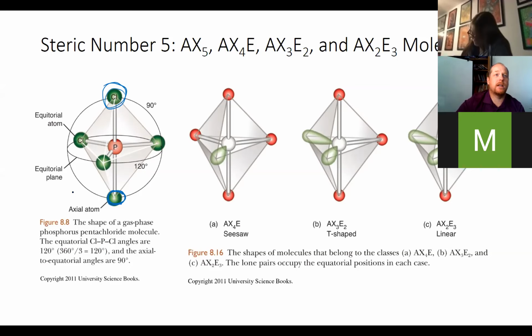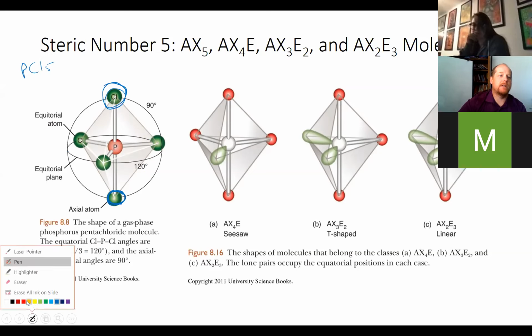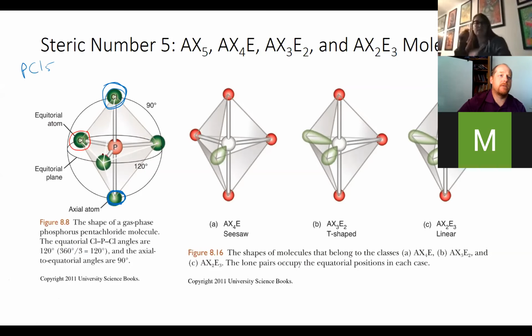So this particular one is PCl5 in this case. We do have some examples in here. But you have chlorines that are axial and other chlorines that are equatorial, right? So the chlorines that are circled in red are the equatorial chlorines, okay?